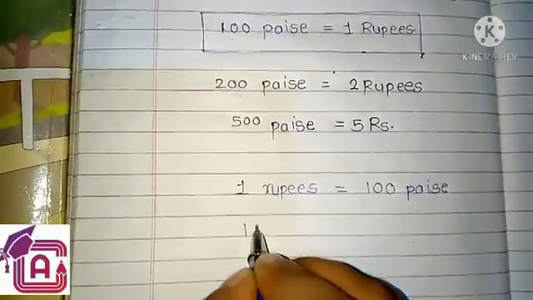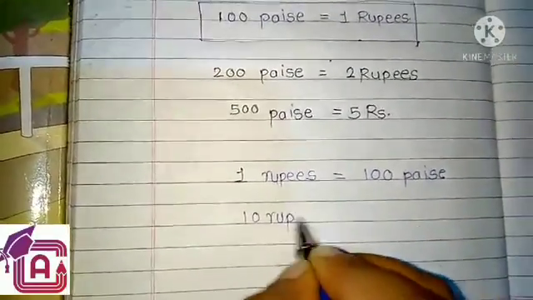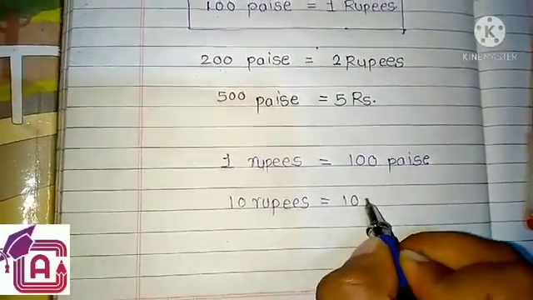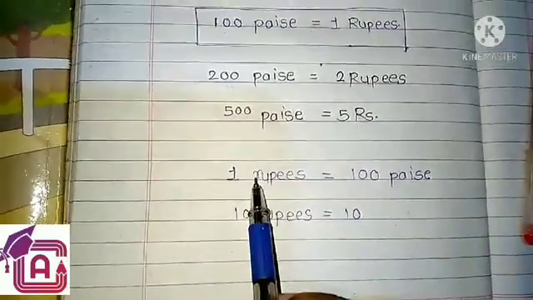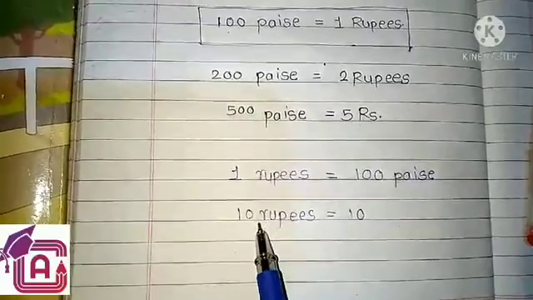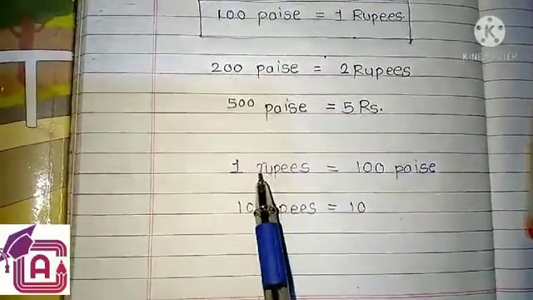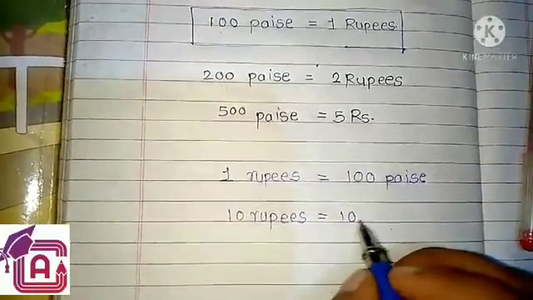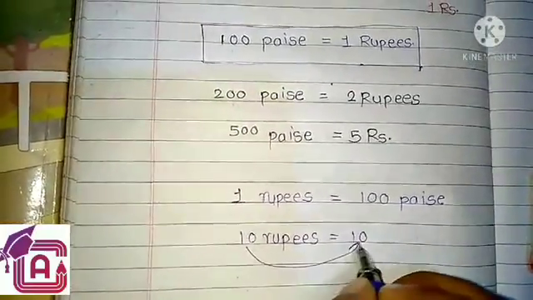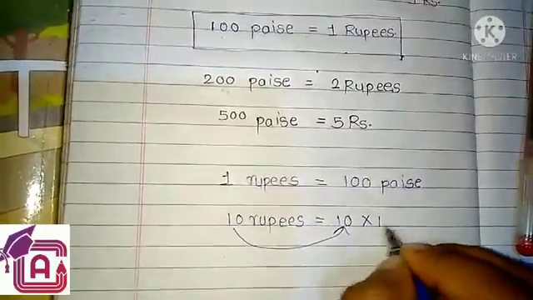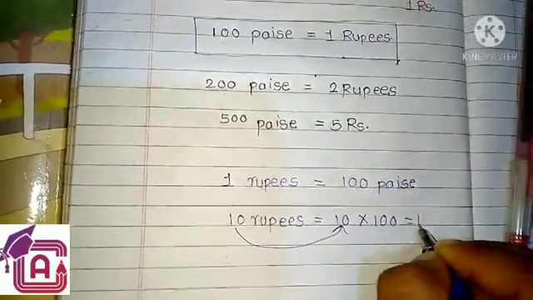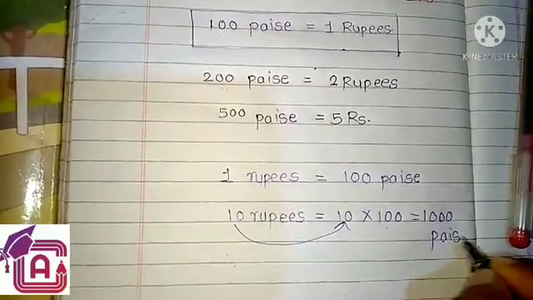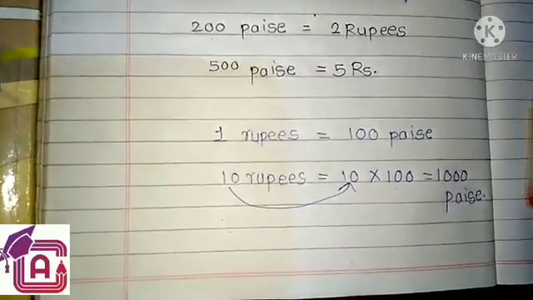If I have 10 rupees, how many paise is it? 10 rupees means 10 times of 1, so 10 times of 100. So this is 10 multiplied by 100. So how many is it? 1000 paise. So 10 rupees is equal to 1000 paise.